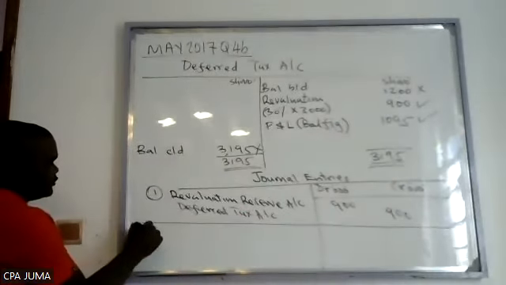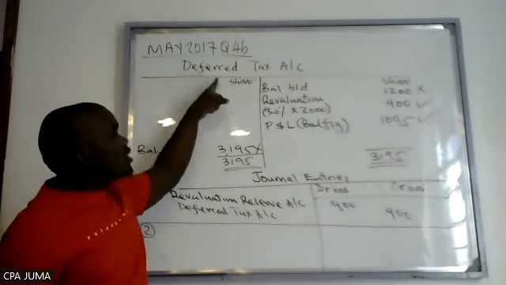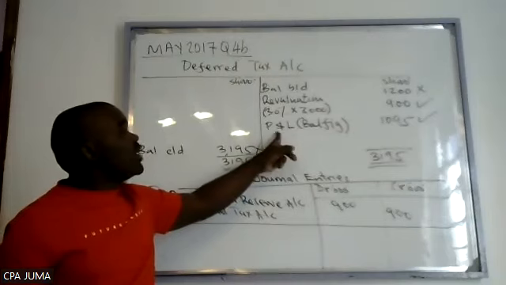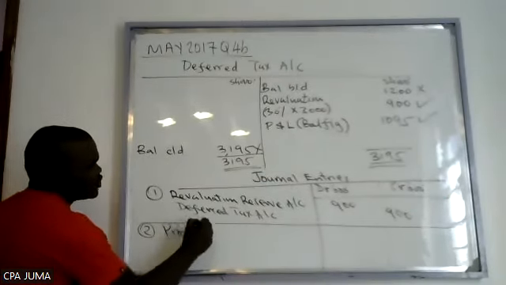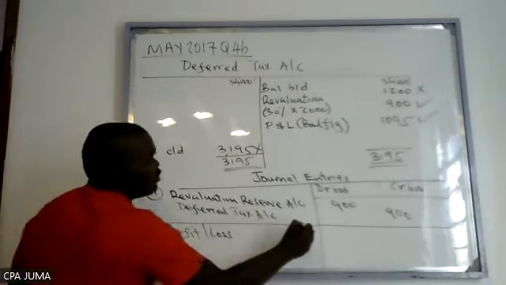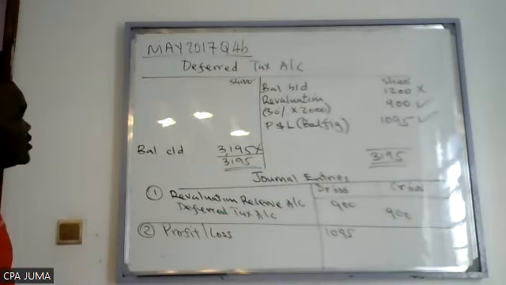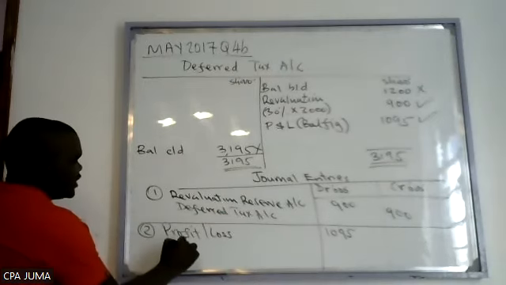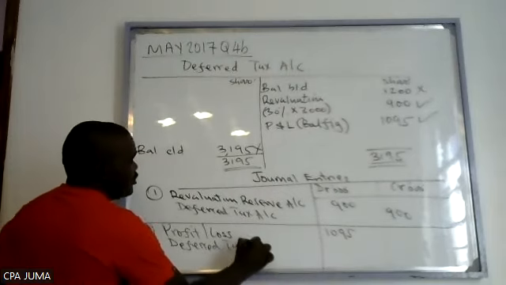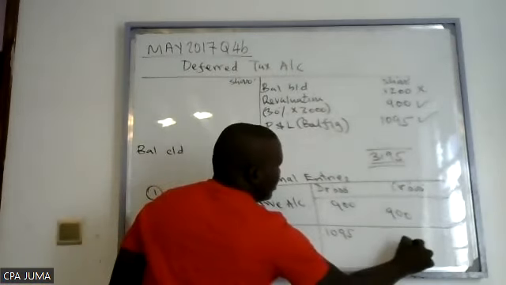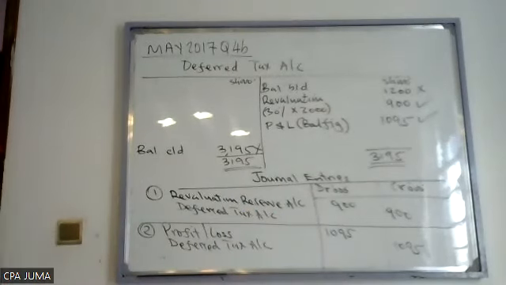Then the last one is this one. I have credited deferred tax with P&L. So the corresponding account is the profit account. So you debit profit or loss with the 1095, then I have credited deferred tax account also with the 1095.